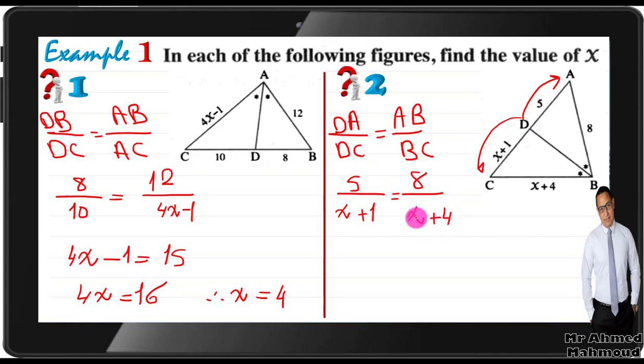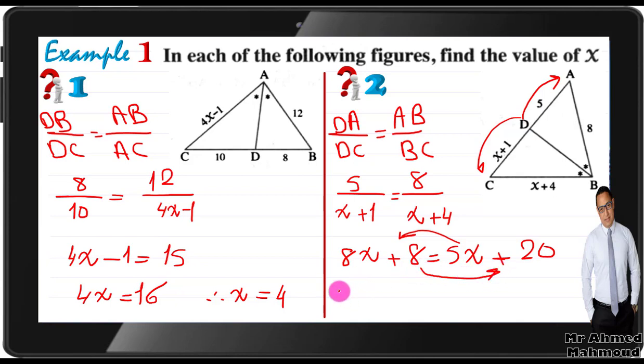So cross multiplication: 8 times x equals 8x, 8 times 1 equals positive 8, 5 times x equals 5x, 5 times 4 equals positive 20. Send 5x to the left side and 8 to the right side.